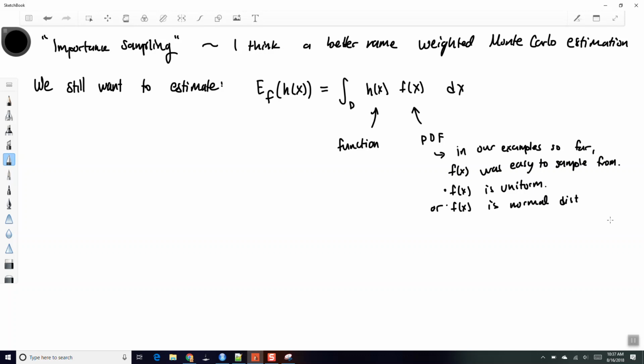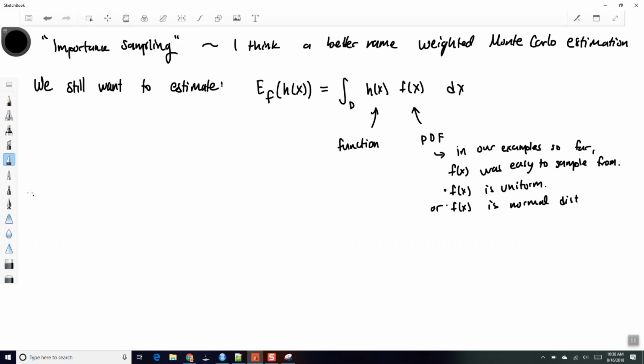Okay, but we could run into a situation where we have a function h of x and we want to apply it to a random variable, but the random variable itself is, for whatever reason, difficult to sample from directly.